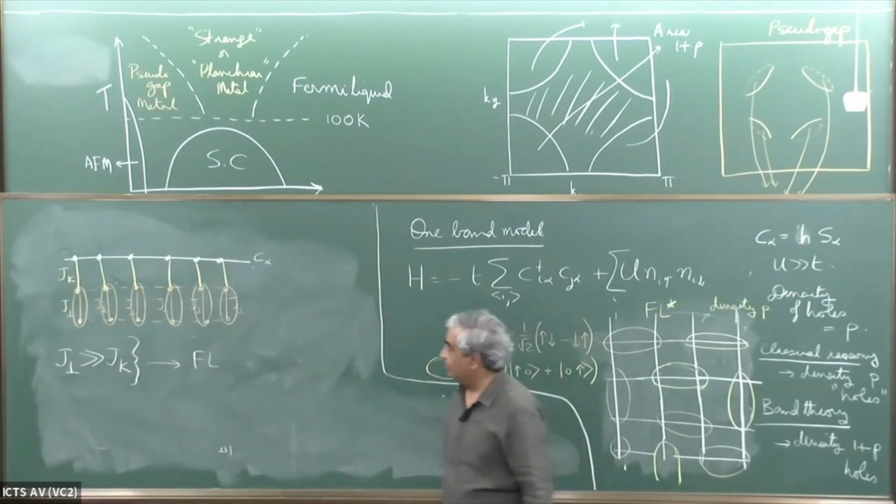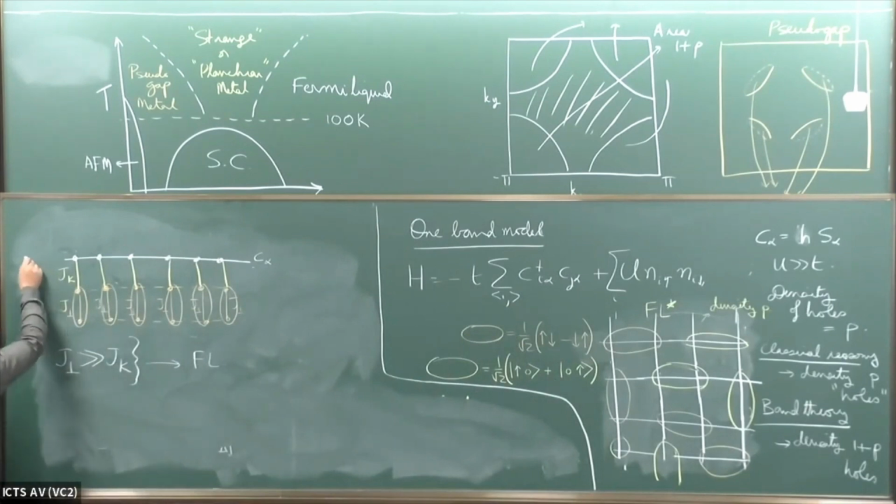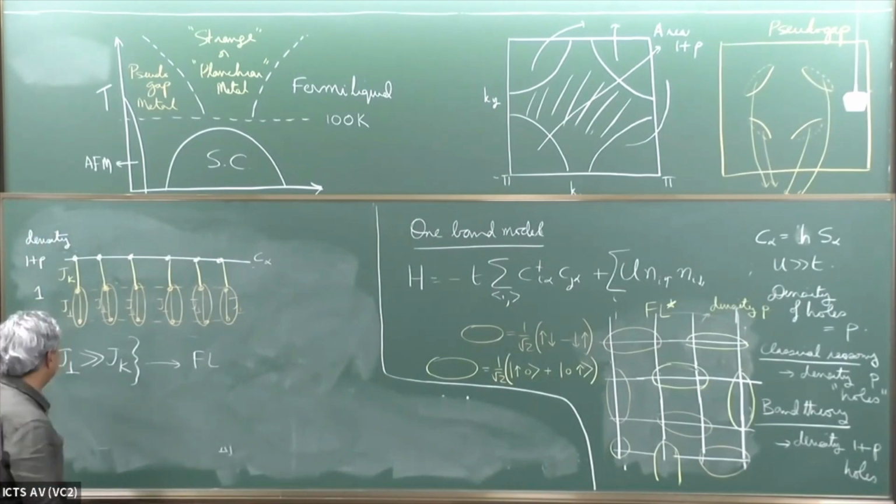But now, also let me write down the density. Here, the density of holes is 1 plus P, because they're the free electrons. Here, the density of electrons or holes, doesn't matter, is 1. And here, the density is 1. Okay.